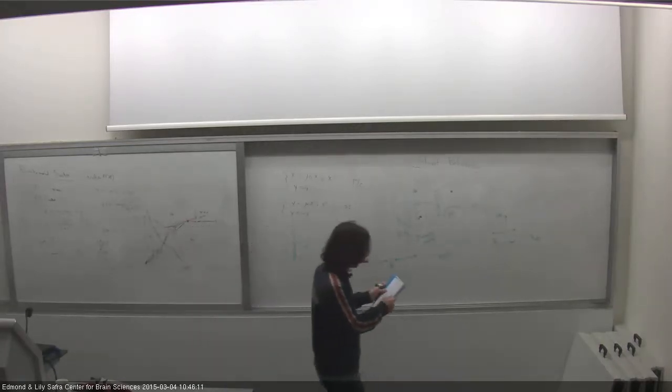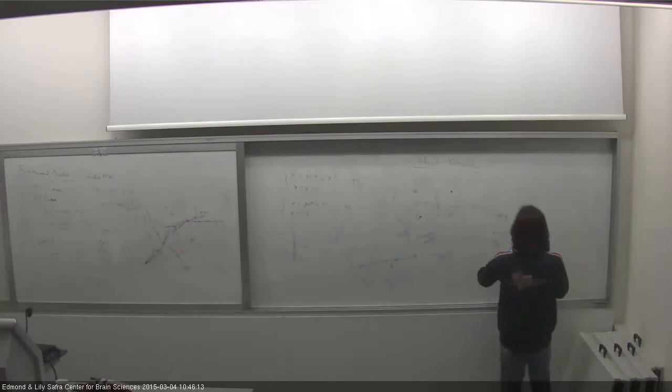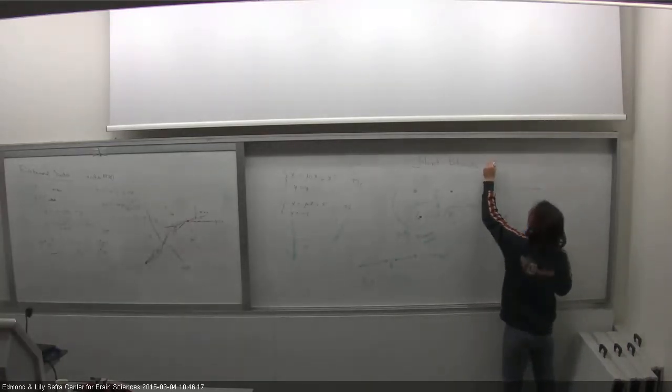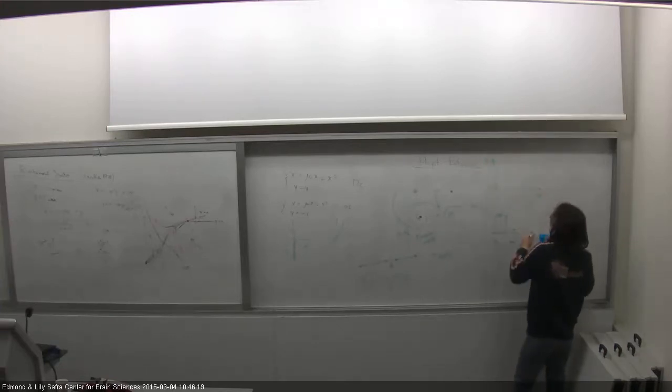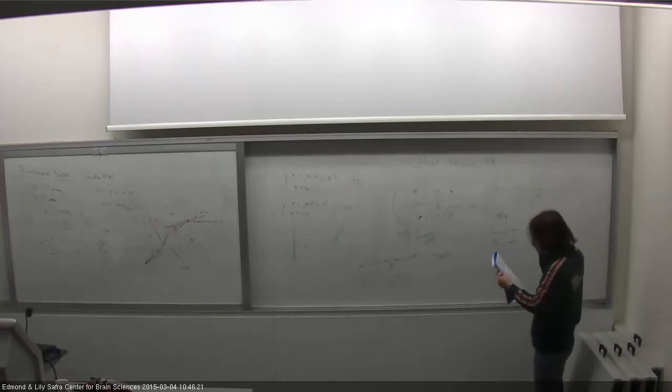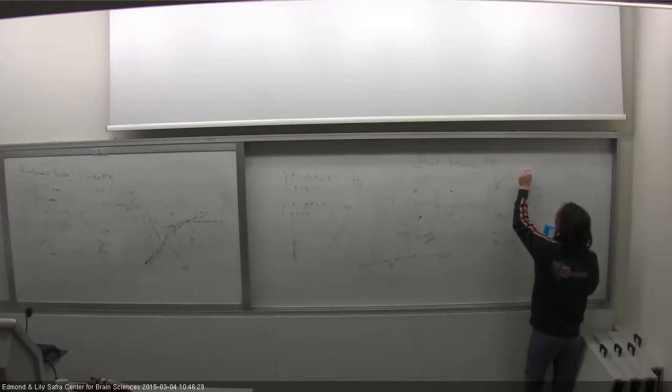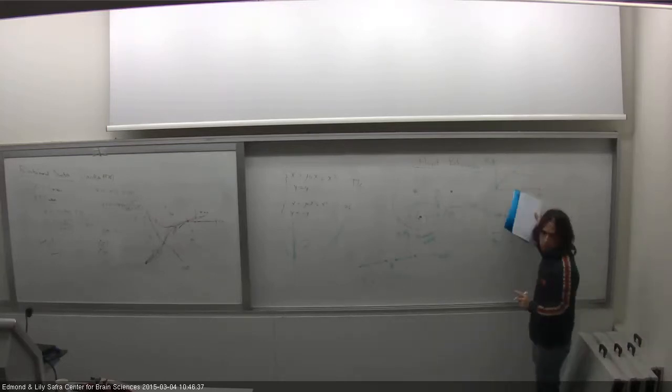The way we draw this on a bifurcation diagram is this. We might have our bifurcation parameter mu. So this is our spiral, and at some point it loses its stability, and we have a stable limit cycle opening.